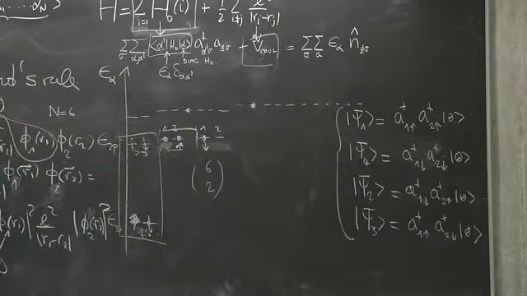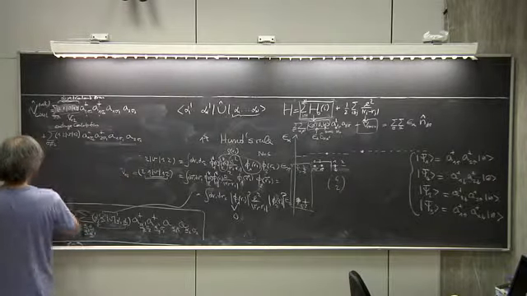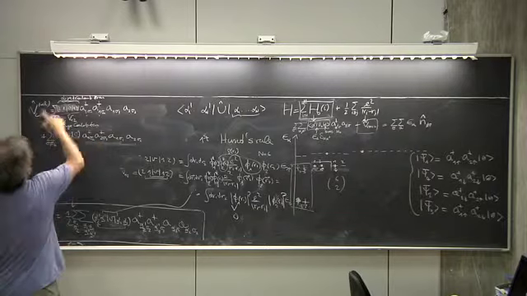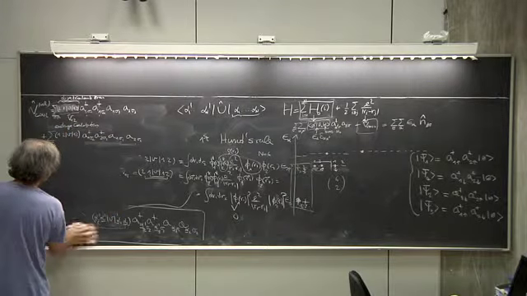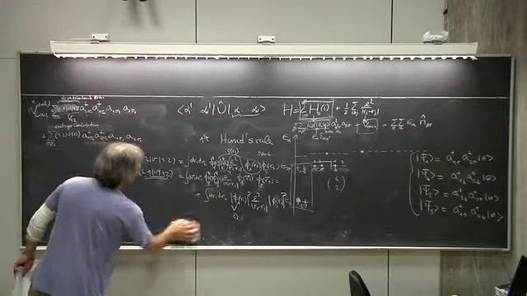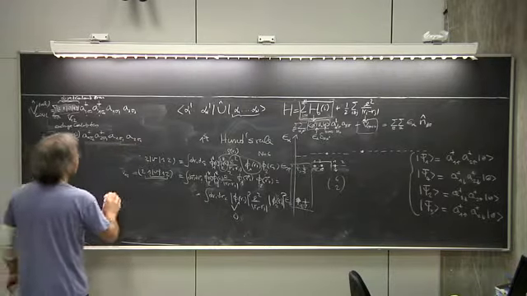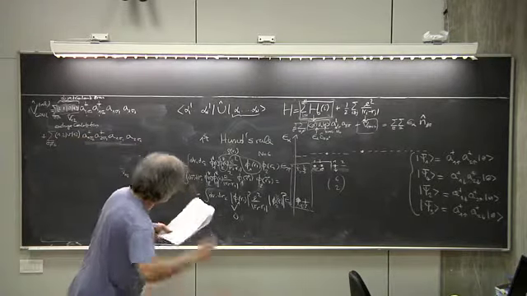Now, let us solve the problem of finding the 4x4 matrix that the Coulomb interaction generates. So in principle, what I should do is the following.